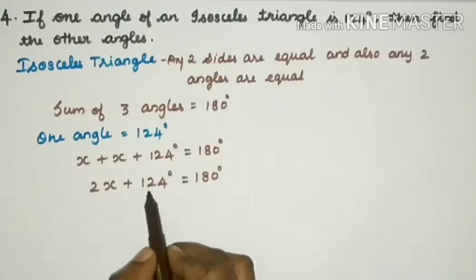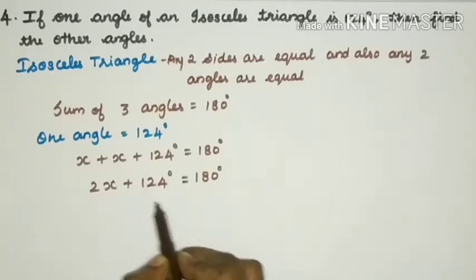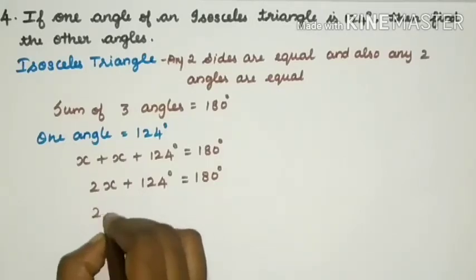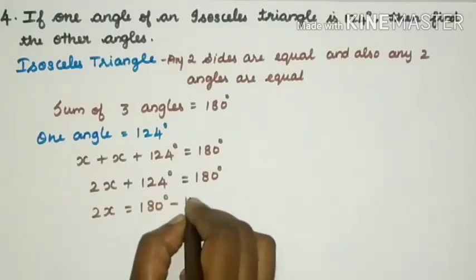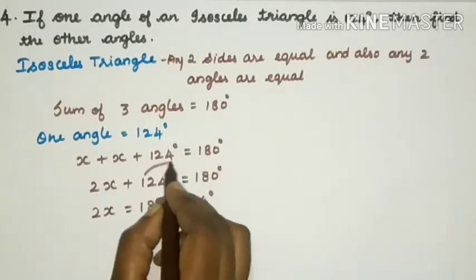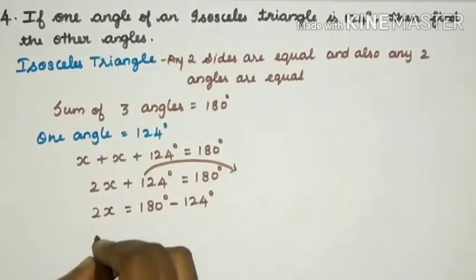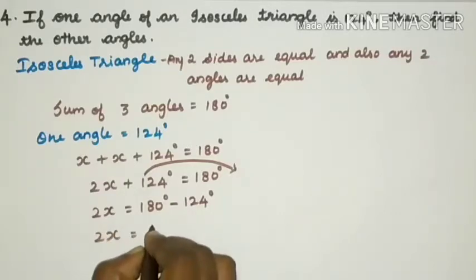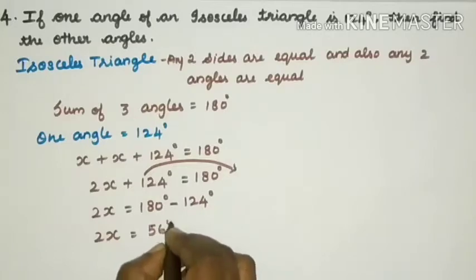So, let's move the plus 124 degrees to the right hand side. 2x equals 180 degrees minus 124 degrees. Plus 124 degrees goes to the right hand side, which means it will change into minus. 2x equals 180 minus 124, which is 56 degrees.